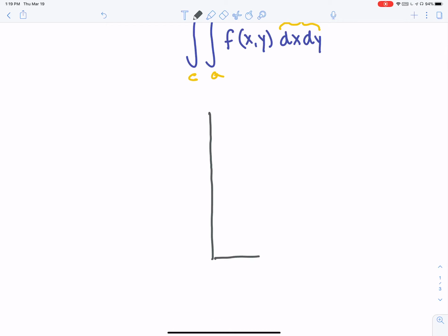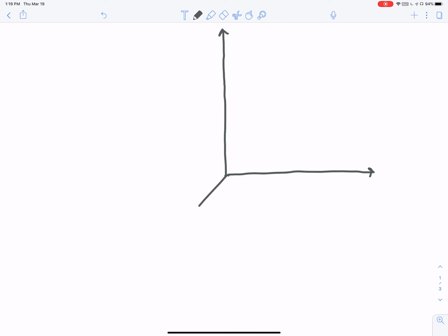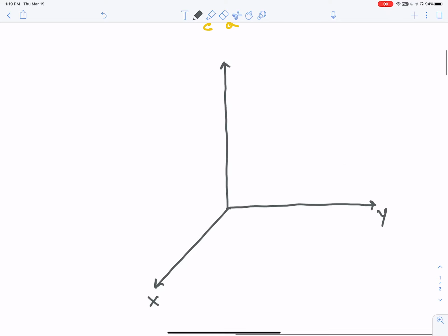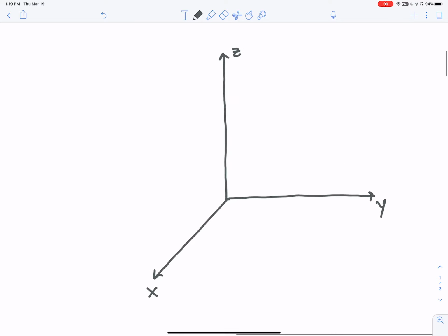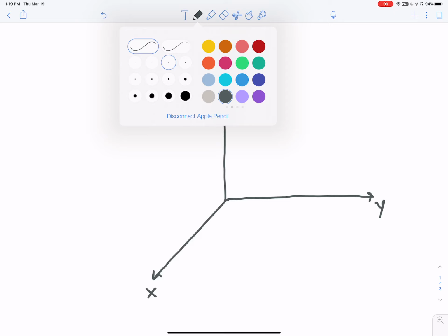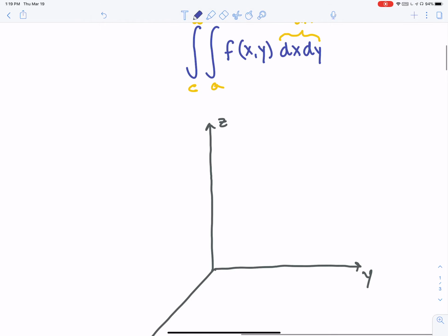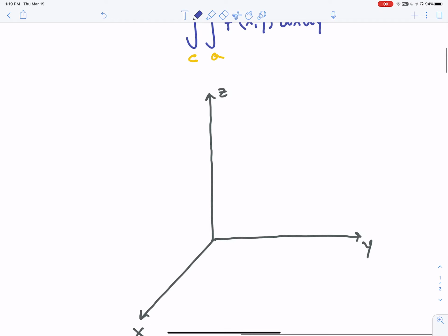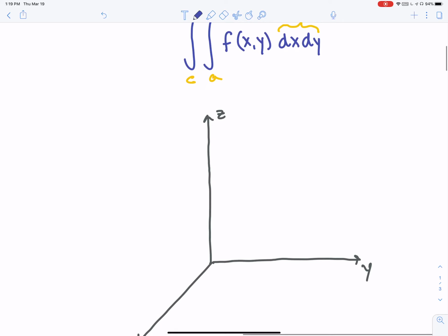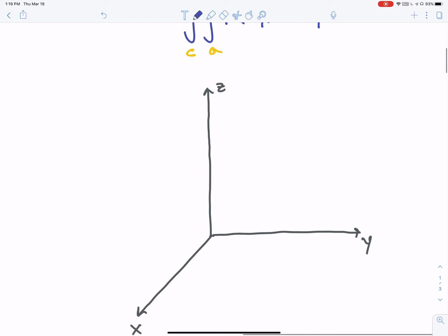So now that we're doing multivariable functions, we're not just on the xy plane anymore, so we have to draw 3-dimensional axes. So we have x, y, and now we have the z-axis. Remember that if a function has 2 variables, then in general it's not going to be a curve on the xy plane, but rather a surface in 3D that takes in the independent ordered pair x and y and outputs a height, right?